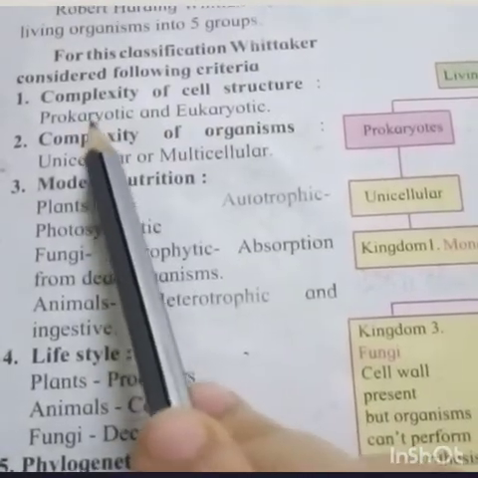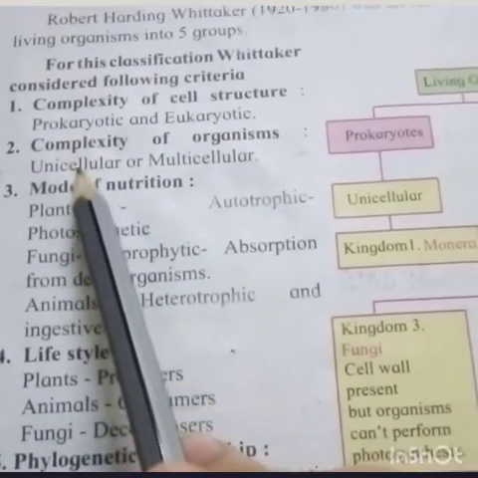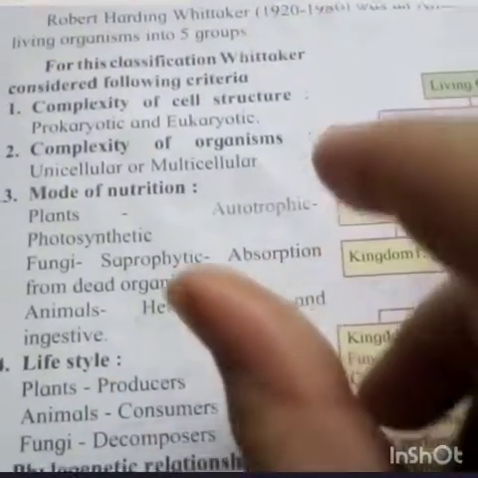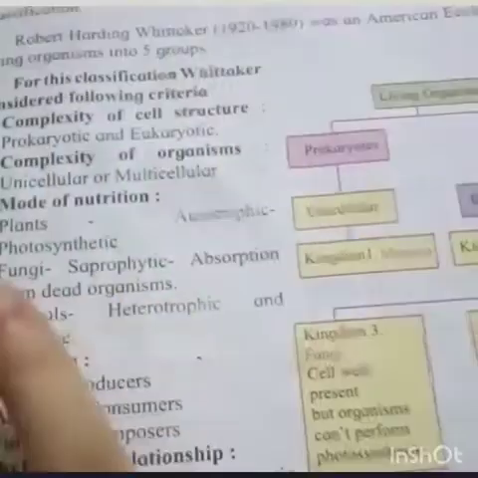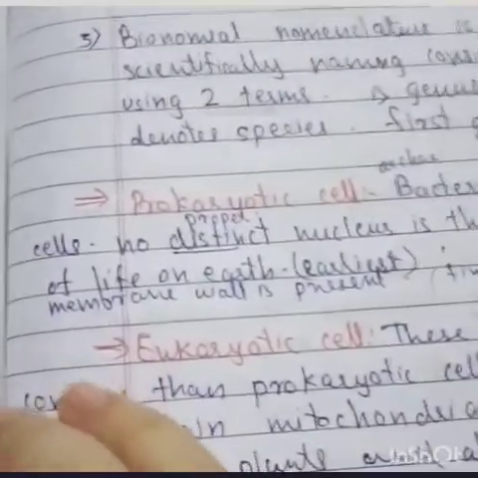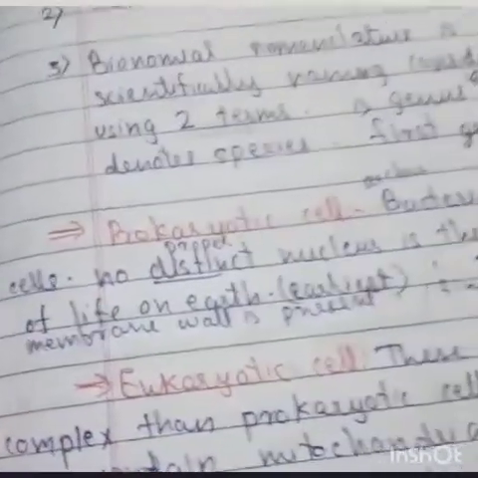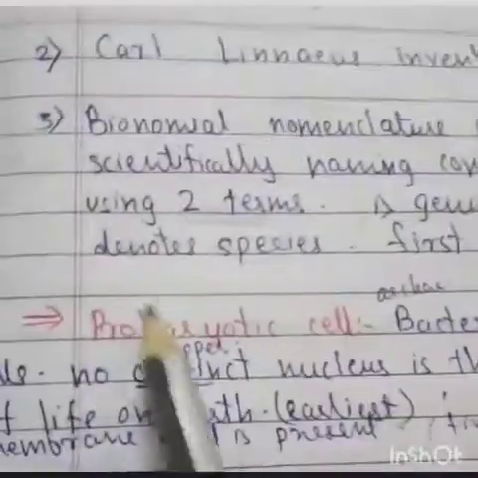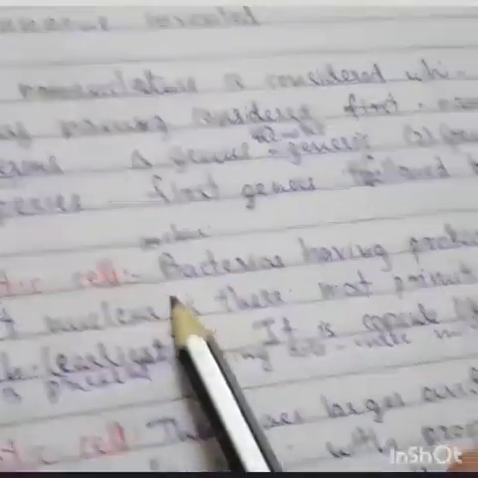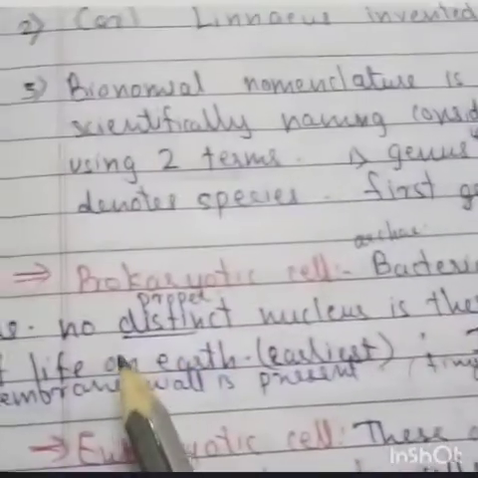Now see, here it is prokaryote and eukaryote. Now I have some written notes for you students, that is prokaryotic cells and eukaryotic cells. Now we will see what is a prokaryotic cell. Bacteria have prokaryotic cells.